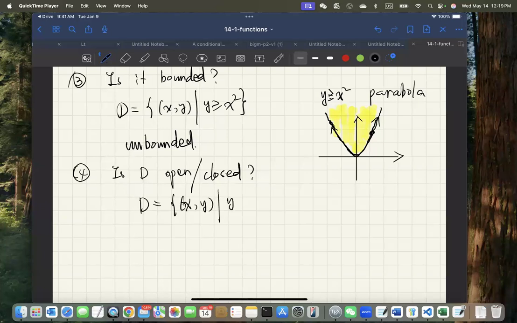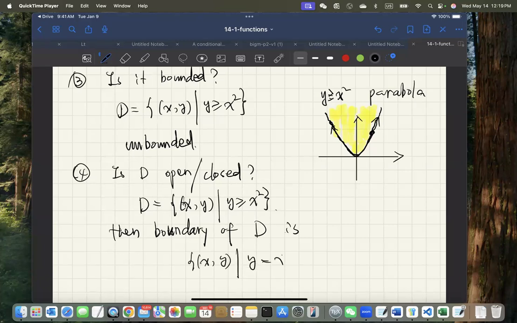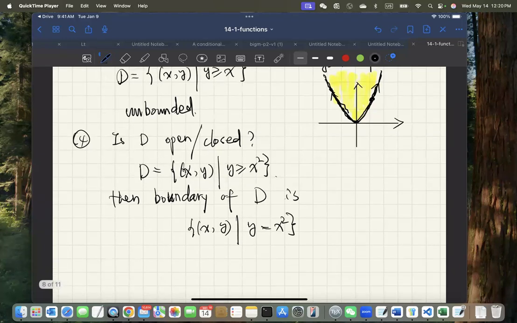So D is the region y greater than or equal to x squared, and the boundary points are the x, y which make y equal to x squared, which means this curve. Every point on this curve is a boundary point, and because this is greater than or equal, every boundary point is included.